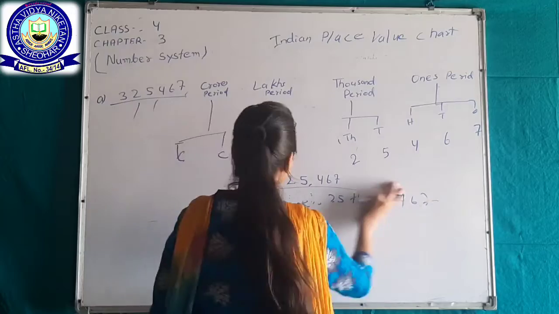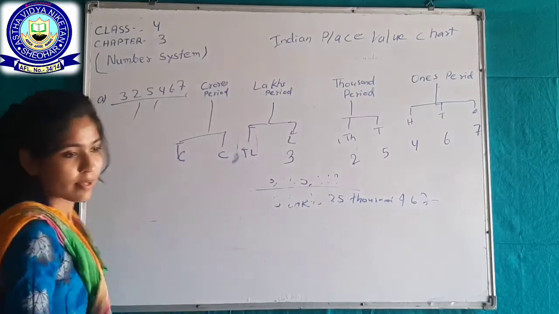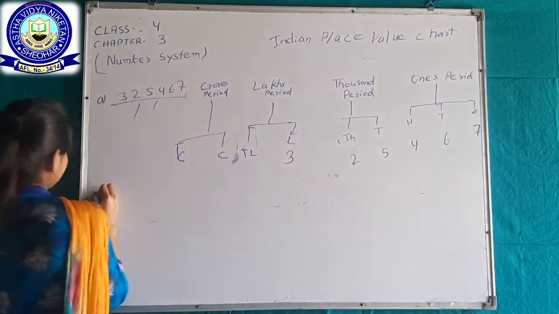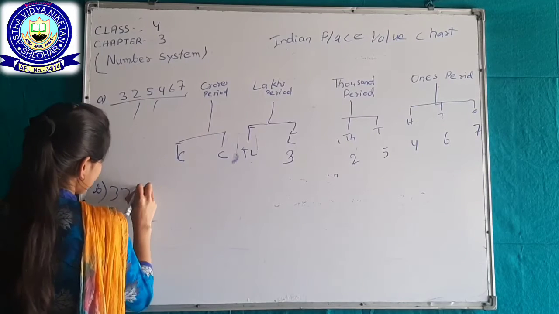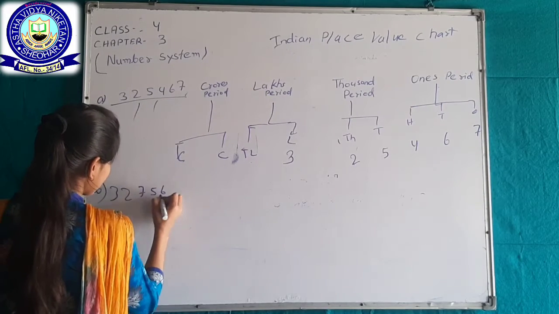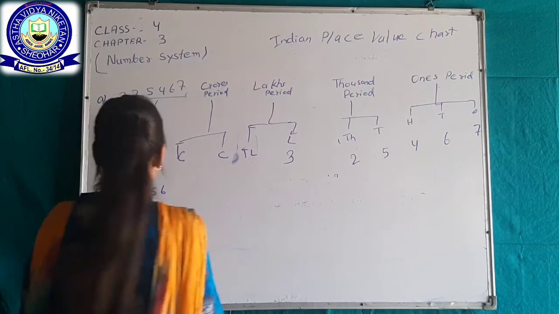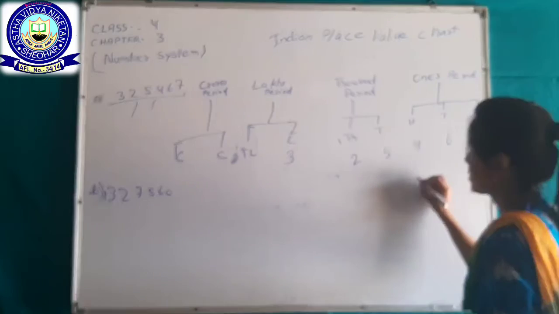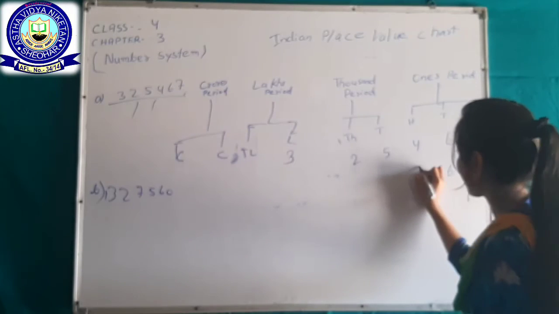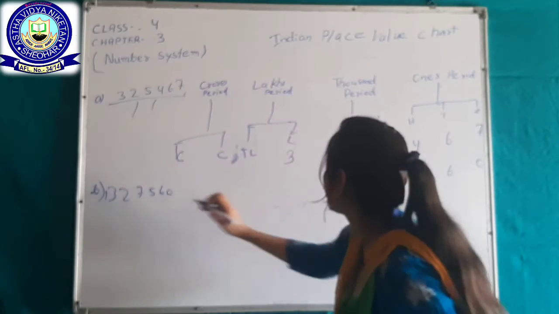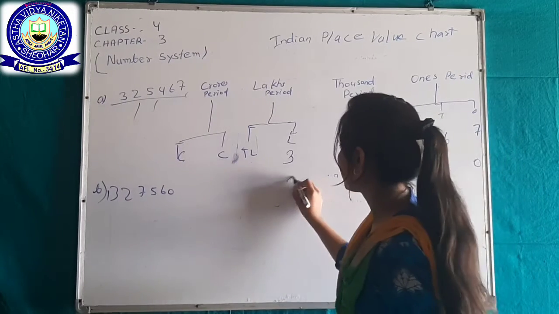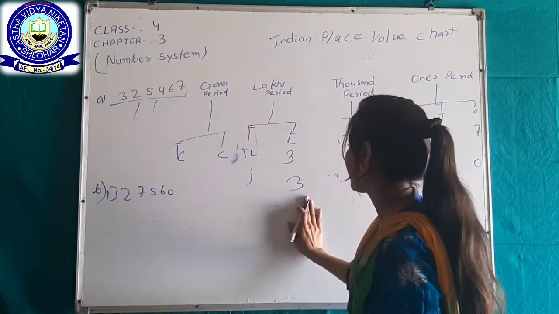Let's see another example. Here are some digits. Let's start. Here is 0 for ones, 6 for tens, 5 for hundreds, 7 for thousands, 2 for ten thousands, 3 for lakhs, and 1 for 10 lakhs.